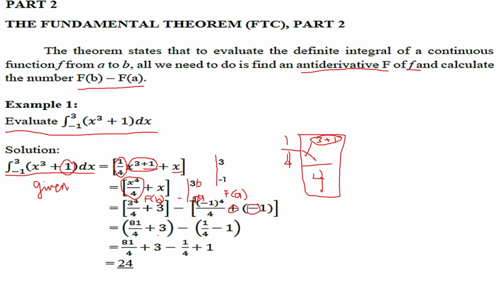So therefore, we have 81 over 4 plus 3 minus 1/4. Negative times negative, it's positive. So therefore, 81 over 4 plus 3 minus 1/4 plus 1 is equal to 24. This is your answer. Okay?